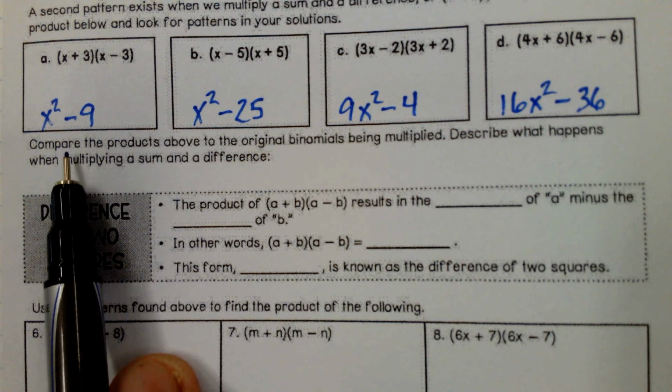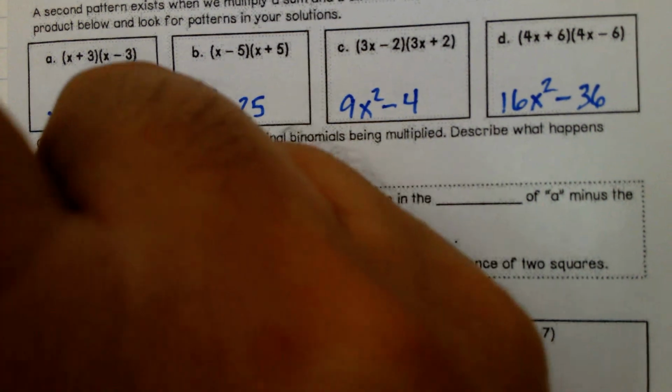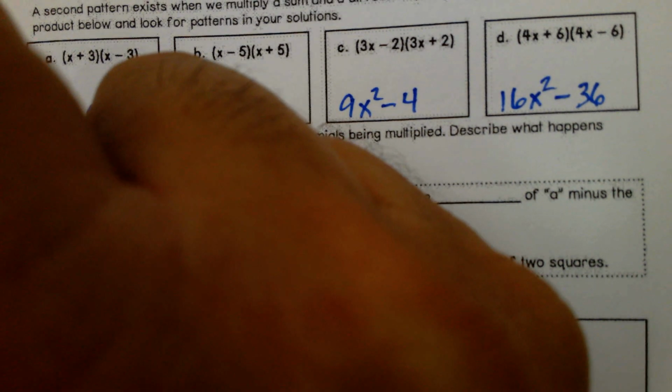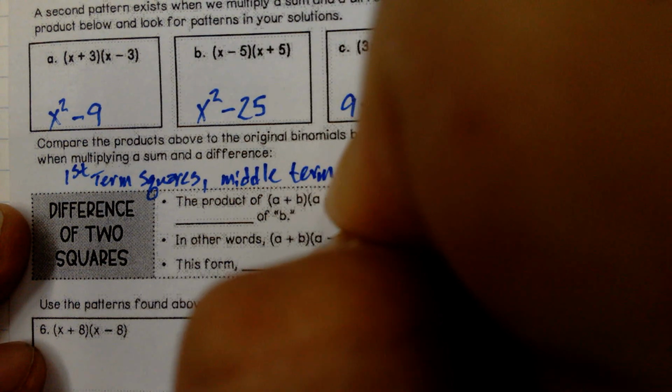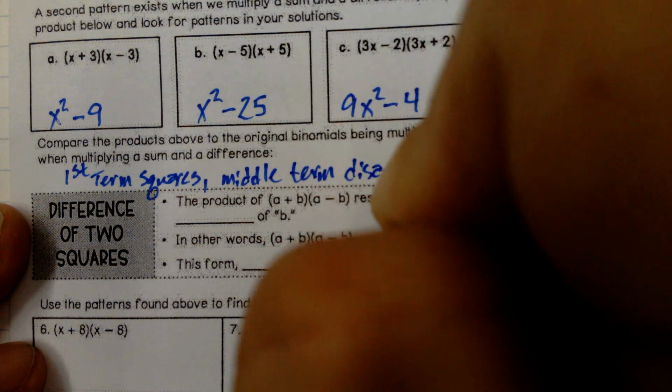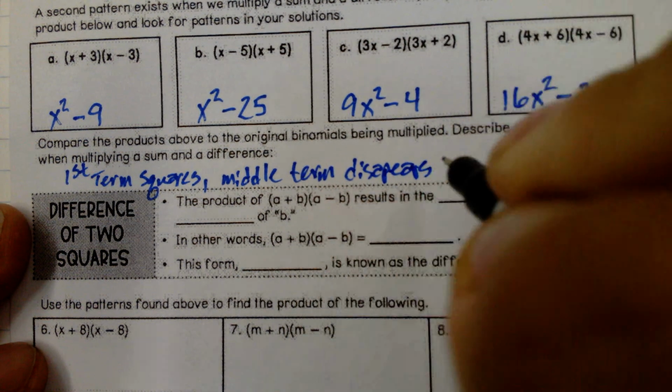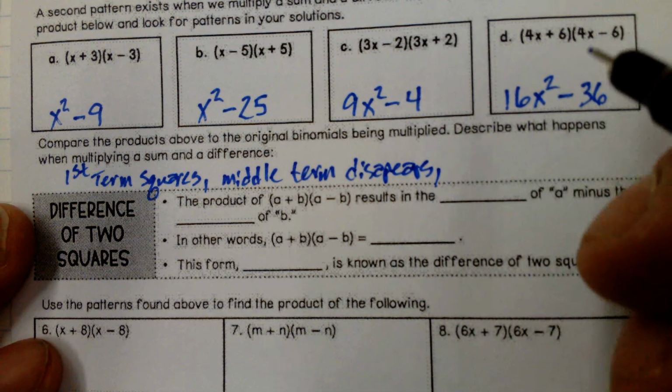What happened? First term squares. No x. Middle term disappears. Last term.